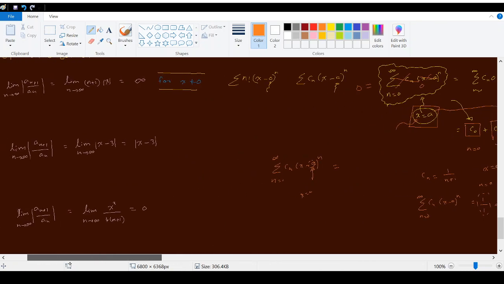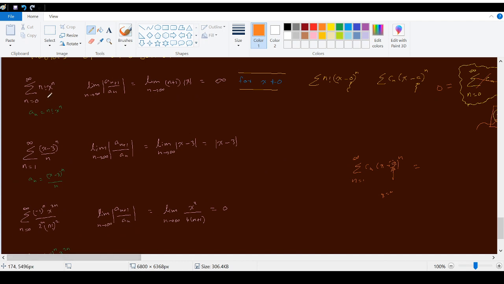Now for this example, the center number is 0, right? So when you plug in 0, there will no longer be a series.